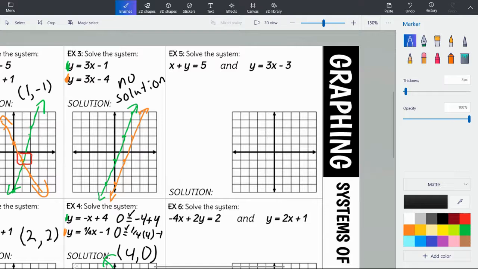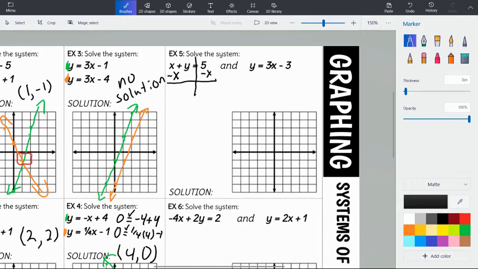All right, you notice that this one over here is not in slope-intercept form. We do not have a y equals. We have to solve for y. To solve for y, we just have to get it by itself. We're adding x to it right now. The opposite of adding x is subtracting x.